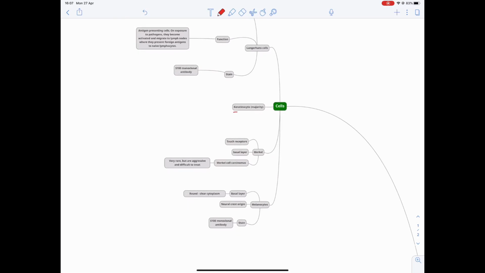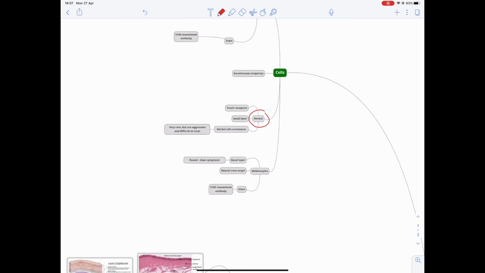The next one is keratinocytes, as we already said. Now, Merkel cells are also present, touch receptors. They're in the basal layer. And you can have Merkel cell carcinomas. They're quite rare, but they're very aggressive.